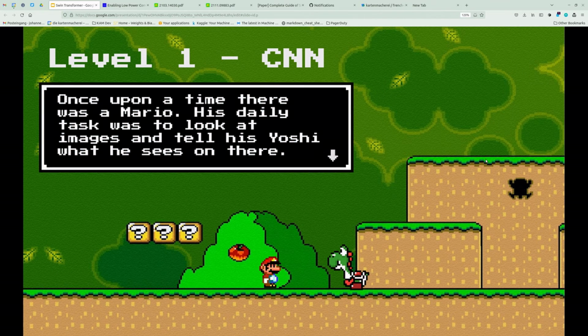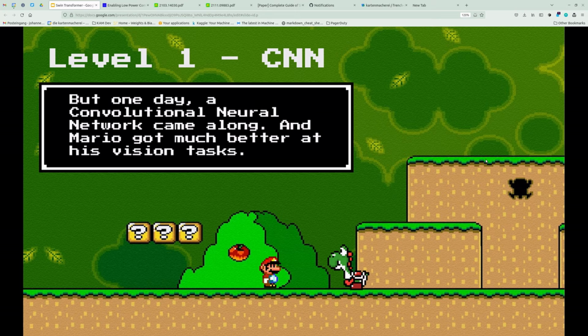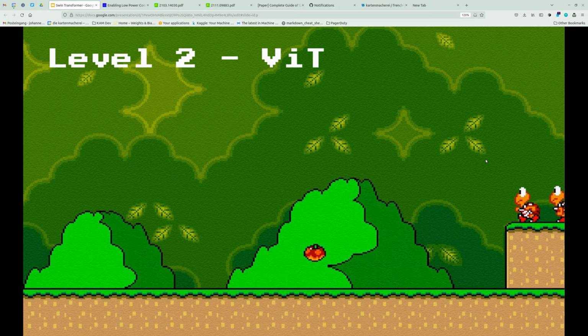Once upon a time, there was a Mario. His daily task was to look at images and tell his Yoshi what he sees on there. But one day, a convolutional neural network came along, and Mario got much better at his vision tasks. There comes the CNN. And Mario grows. Next level. Level 2, VIT, the Vision Transformer.